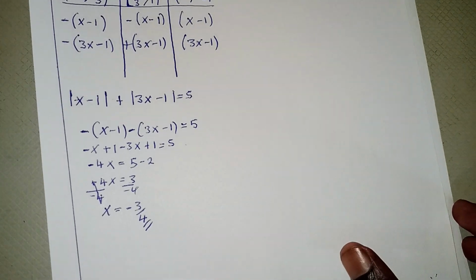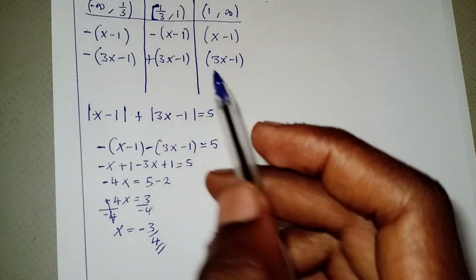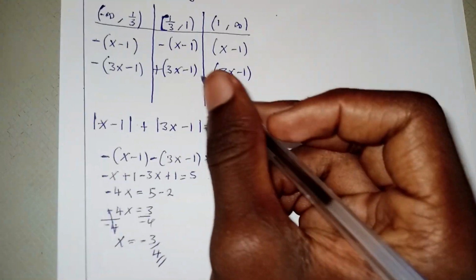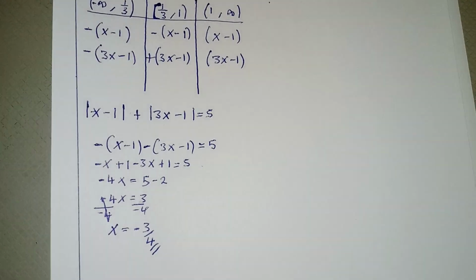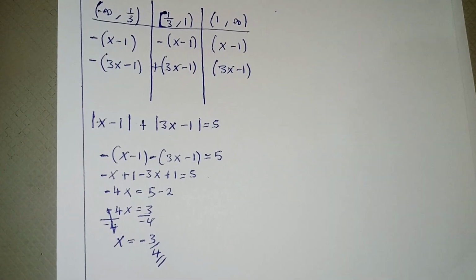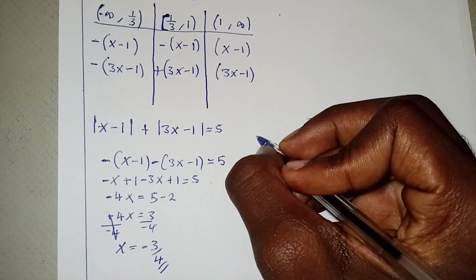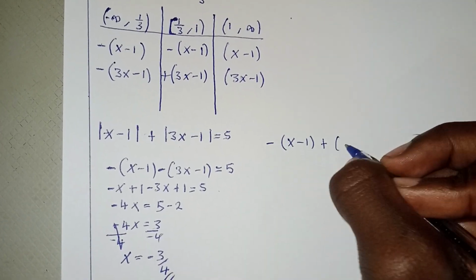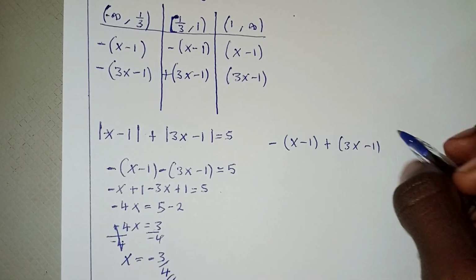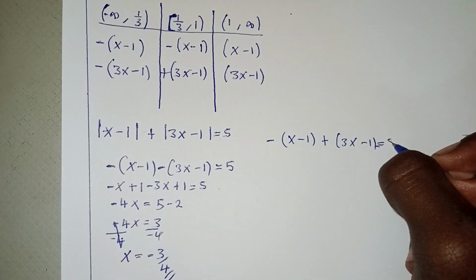All right, let's get to the second one, which happens to be this one. For this one, it's going to be negative x minus 1, then plus 3x minus 1. This must equal 5.